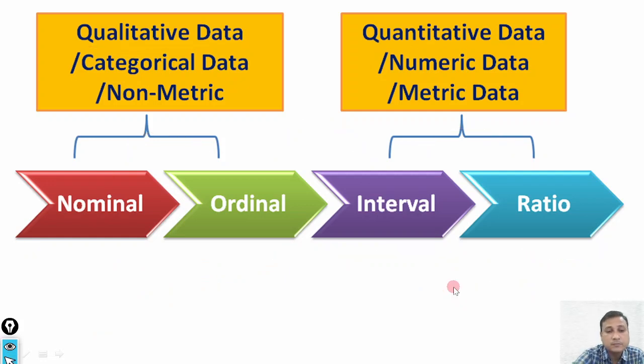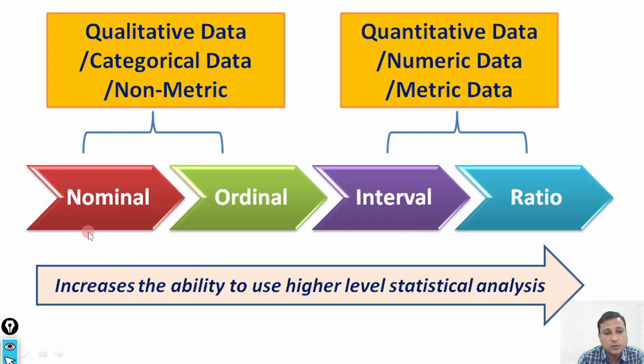What does that mean? It means that as we move from left to right, we can use a higher level of statistical analysis, and as we move from right to left towards nominal, we will have some limitations to give statistical treatment on the data. So nominal data has fewer statistical treatments and ratio data has the higher level, maximum I can say.